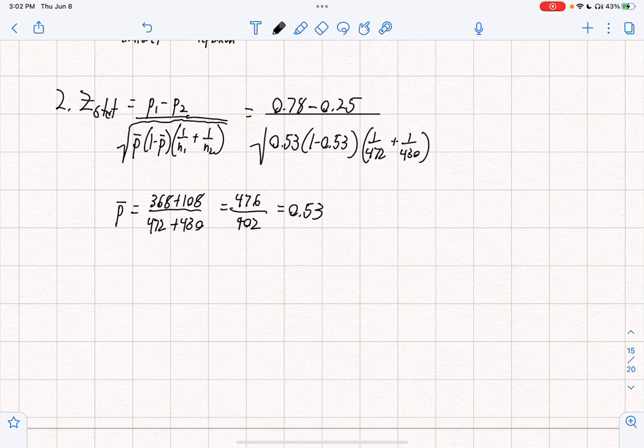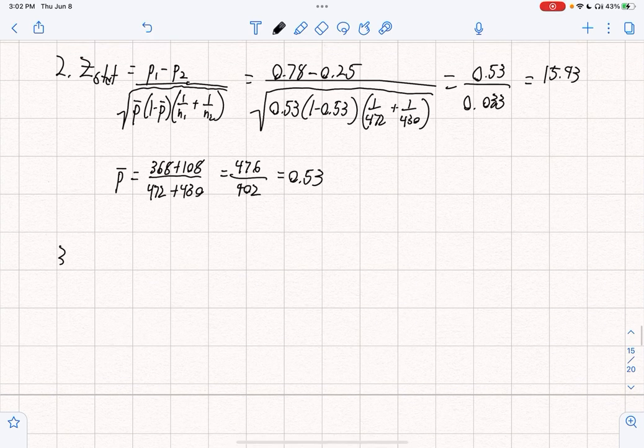Take the square root of our denominator. And this is equal to 0.53 over 0.033, which is 15.93.